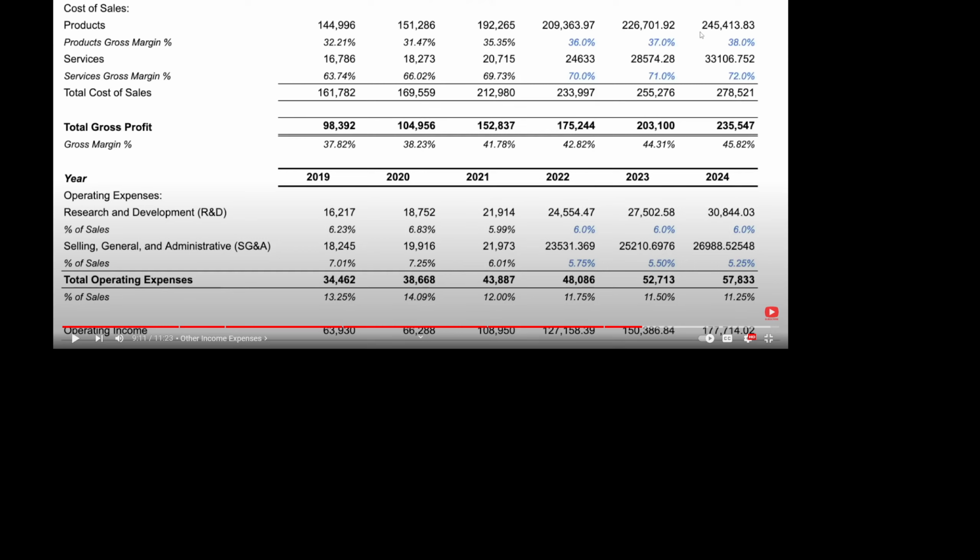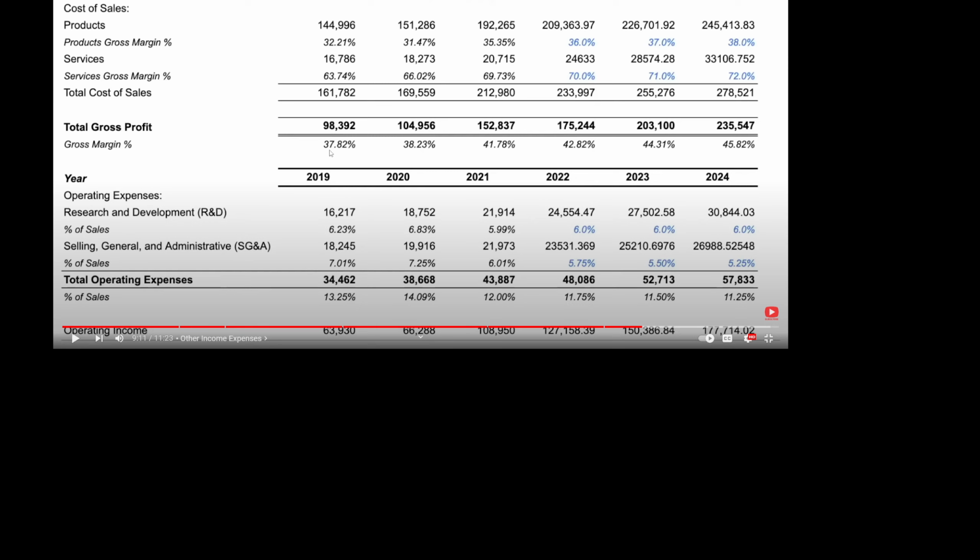It was just steadily increasing on almost every little line. But most industries and most companies are not going to be cookie cutter and picture perfect like this. Where you got 37%, 38, 41, 42, 44, 45.